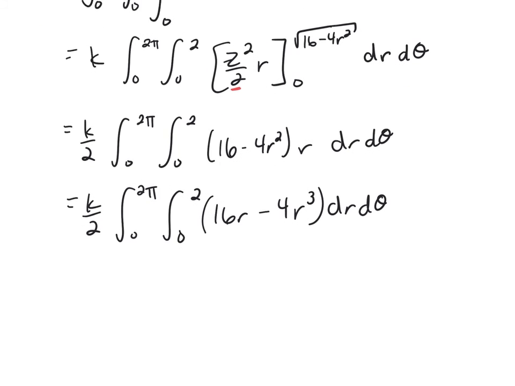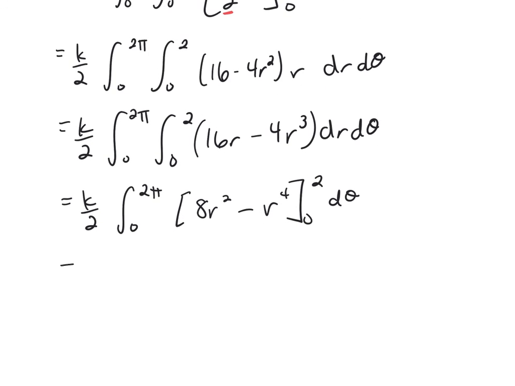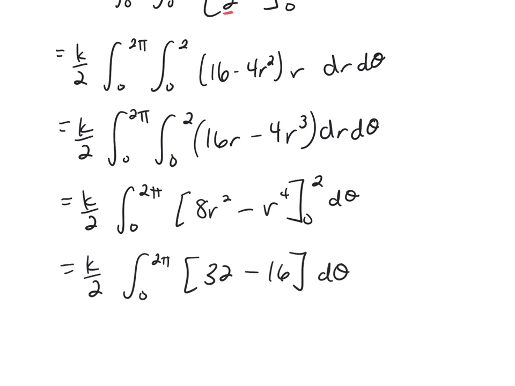And now integrate with respect to r. You'll get 8r squared minus r to the 4th. So you get k over 2 times the integral from 0 to 2 pi of 32 minus 16 d theta.